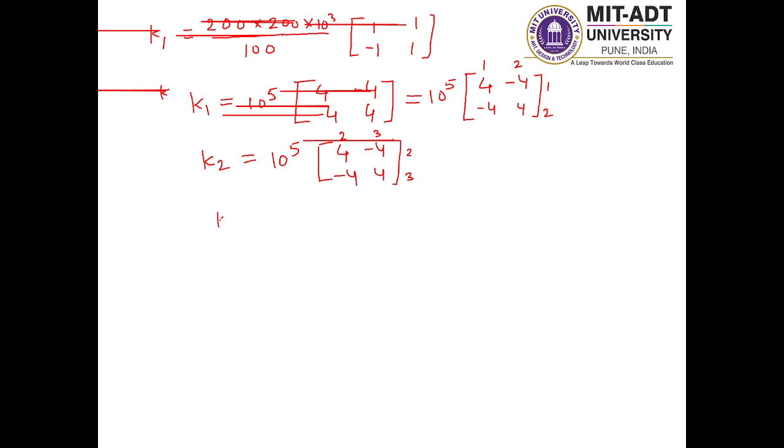Now finally I am defining the K3 matrix. Here for K3, the value of A is different. The value of A is given as 100 for this case, into the value of E, which is 200 into 10 raised to the power 3. Then the value of length is 150.